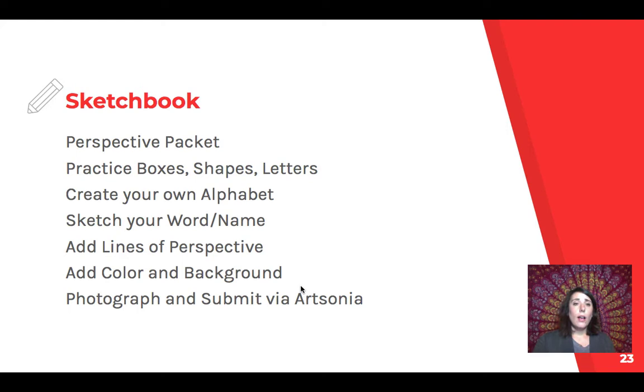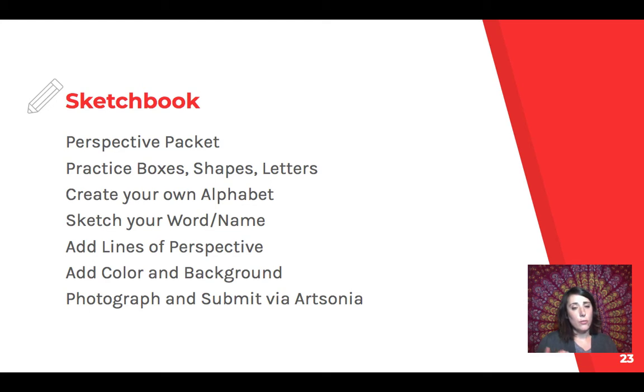So in preparation for this project, you had the perspective packet that was done a bazillion years ago, right? You had boxes in there, you had different shapes, different letters. Now you're working on creating your own alphabet, and then you're going to use that alphabet to sketch your name. That's due Friday, May 1st. Then you're going to add the lines of perspective. You're going to turn that in May 8th.